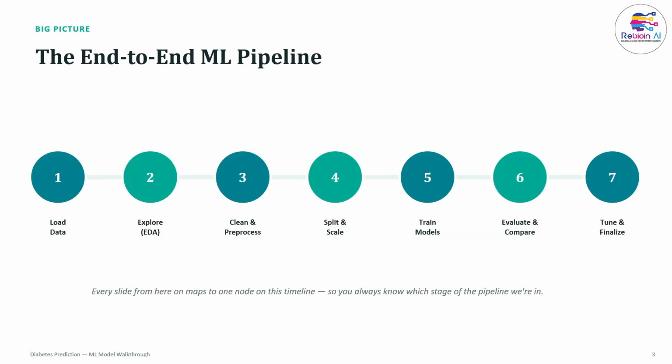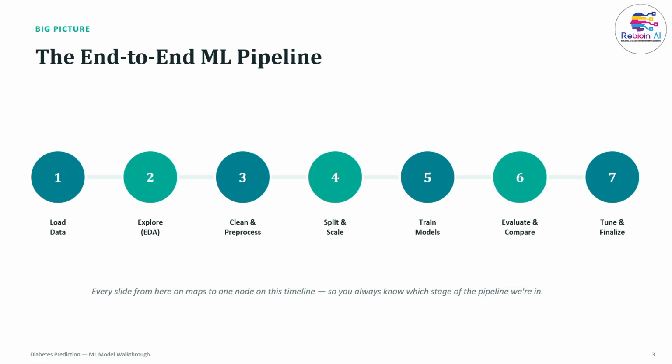Now, this is the big picture map of everything we are about to do today. Load the data, explore it, clean it, split and scale it, train multiple models, evaluate and compare them, and finally tune and finalize the winner. This isn't specific to diabetes prediction, by the way.